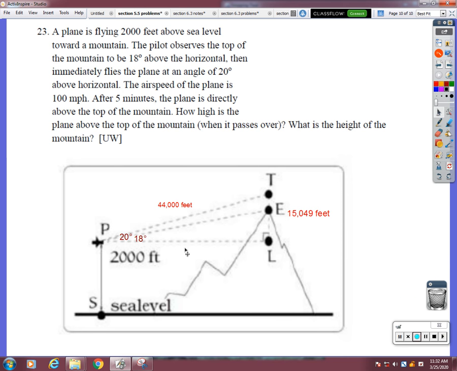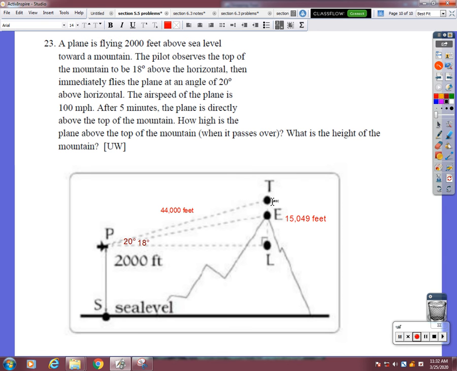Now I'm going to figure out this whole distance right there, because I need that to figure out this side of this lower triangle. So back to the drawing board. This time I know the opposite side, and I'm trying to find the adjacent, so that's going to be our tangent. Tangent of 20 degrees is equal to the opposite, 15,049, divided by the adjacent, which it looks like from the diagram is PL.